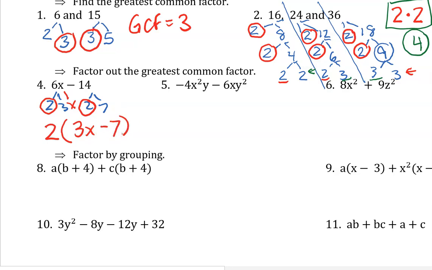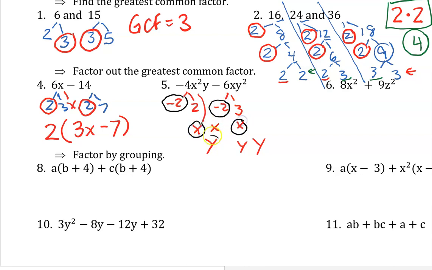On problem number 5, 4 has a negative 2 and a positive 2. It has an x and a y. The second portion of this, 6, has a negative 2 and a 3, and an x, and a y, and a y. I can take out a negative 2, I can take out an x, and I can take out a y.